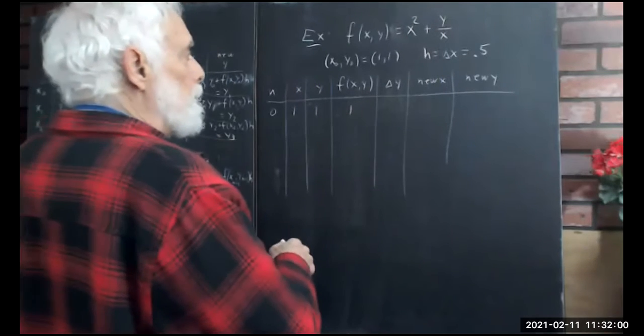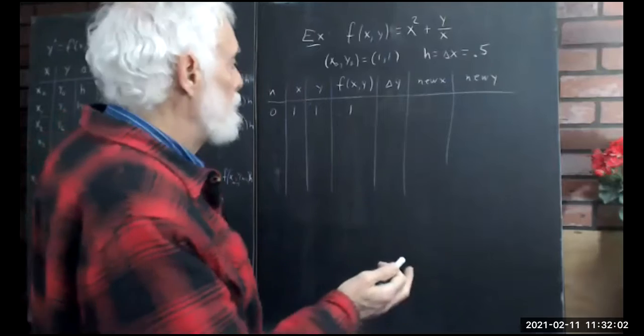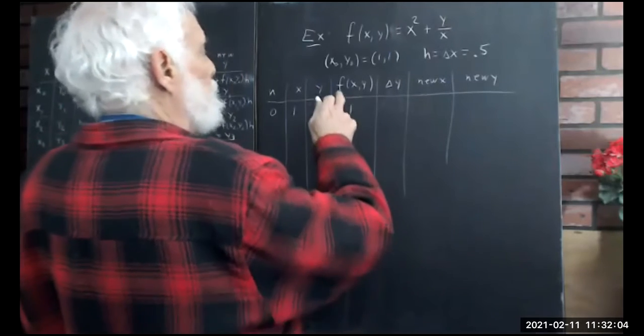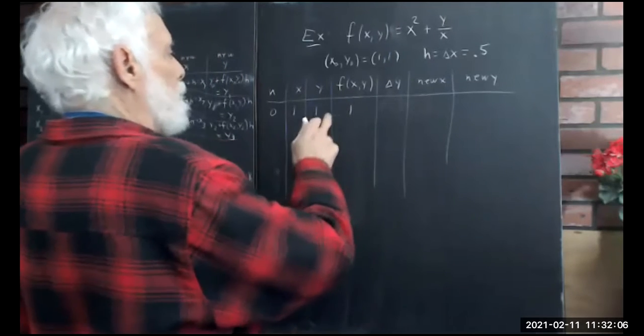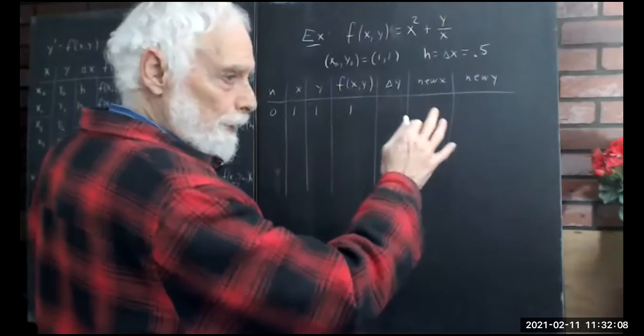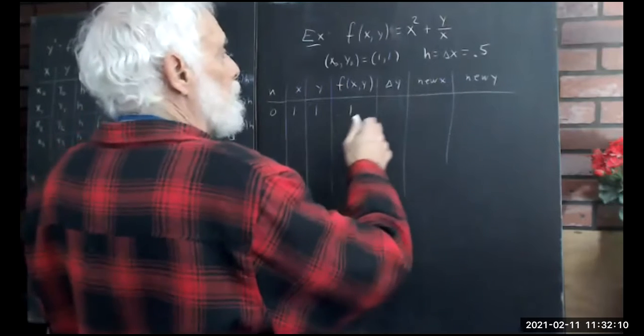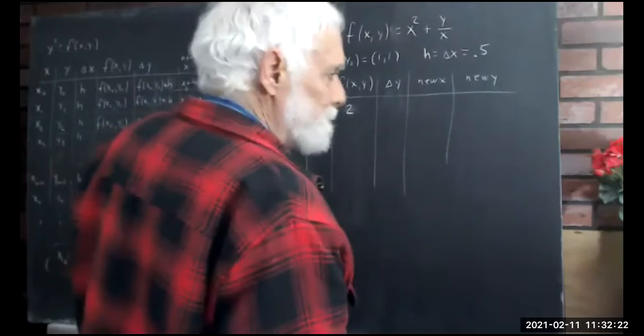So delta y is equal to what? Well, delta y is equal to f of x, y times delta x, or times h. Wouldn't f of x, y be equal to 2? Because it's x squared plus y over x. Yep.